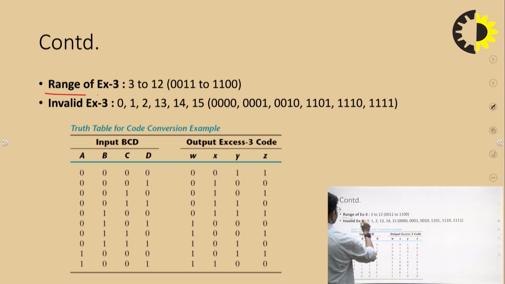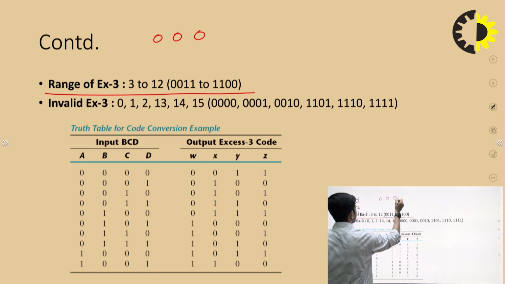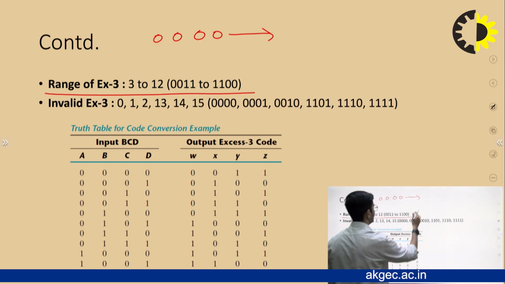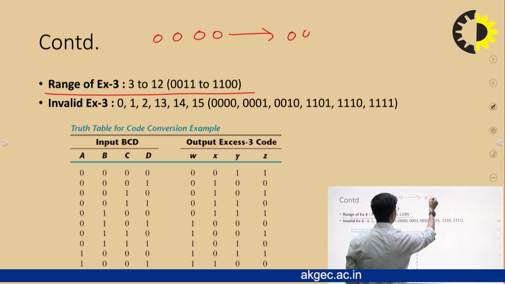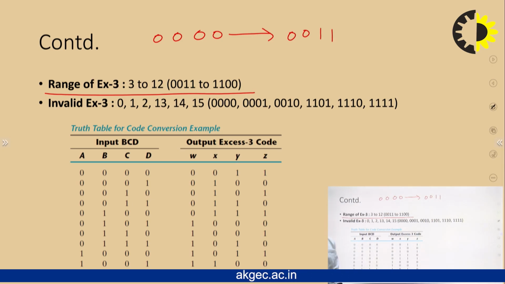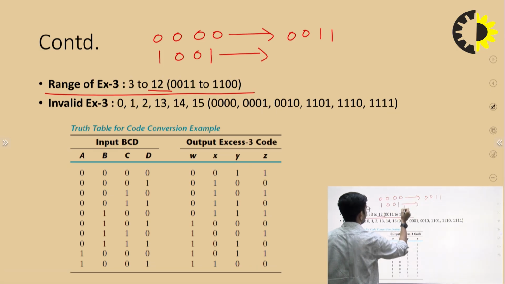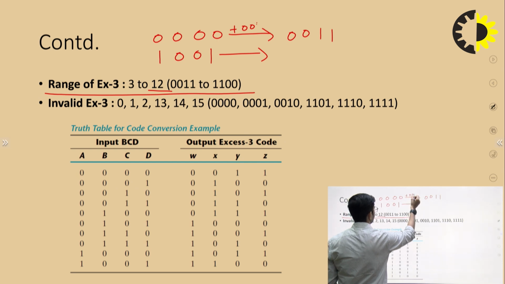So the range of the excess 3 code is from 3 to 12, because if we are having a BCD number of 0000, in excess 3 it will become 3, because in excess 3 we have to add 3 into each BCD number. So it will become 0011. That means excess 3 code will start from 3, not from 0. And again, if we are having a 9, because BCD is valid up to 9 only, 1001, if we add 3 into it, plus 0011, we get 12.